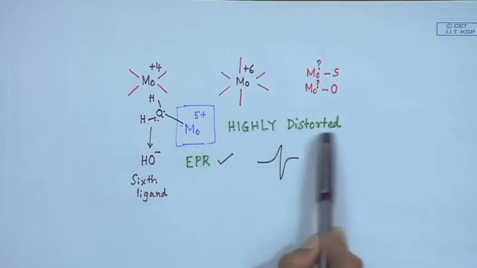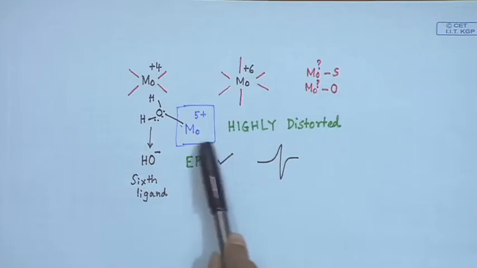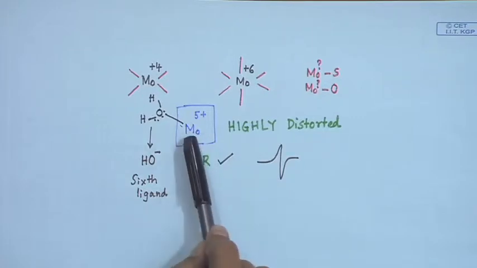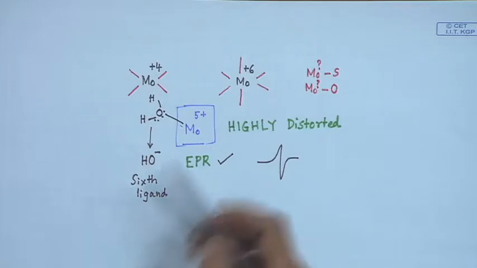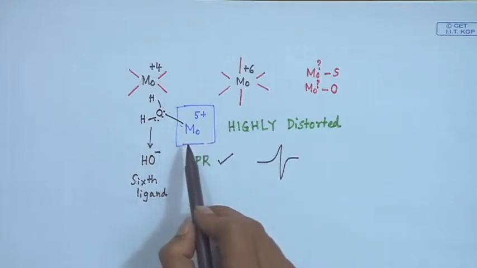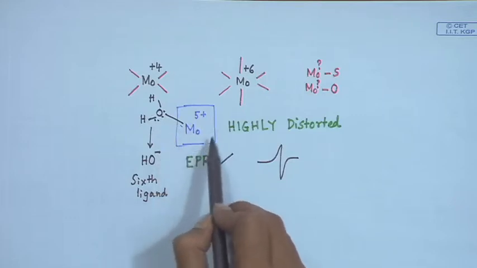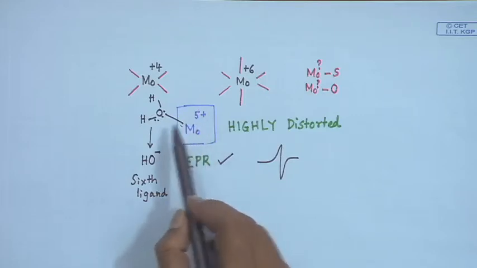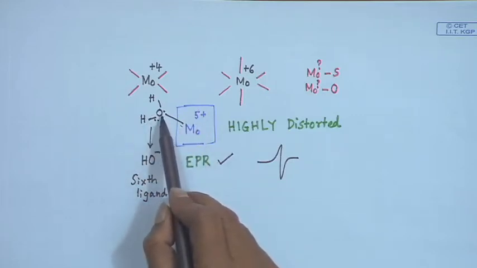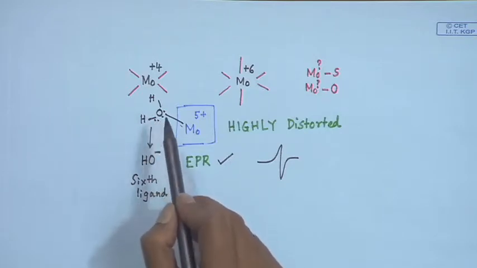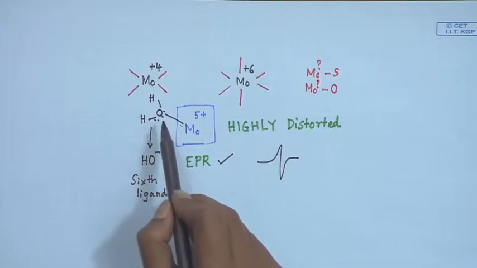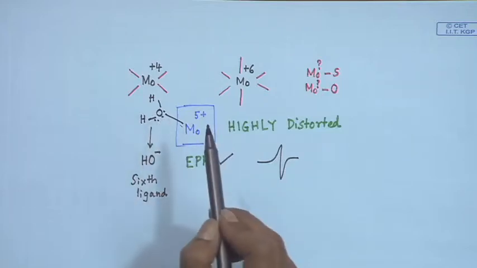Initially, the highly distorted one, and EPR should detect the corresponding distortion once we move from molybdenum 4 to molybdenum 5. And secondly, due to stabilization of the molybdenum 5 state, we attract one extra ligand, and the very good ligand available in that environment, the aqueous environment, is the water molecule.